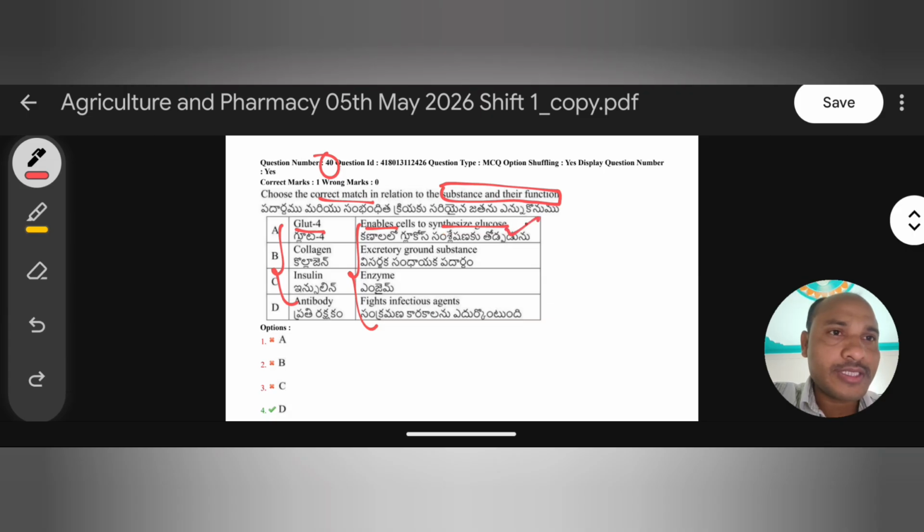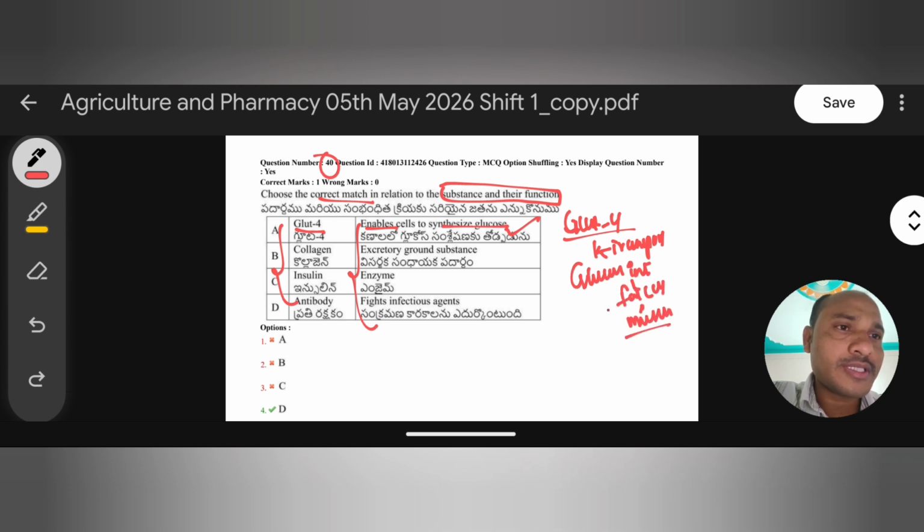Yes, this statement is right. Why? Because this GLUT4 helps to transport glucose into fat cells and muscle cells. For that, there is a requirement of GLUT4. So right statement, correct statement.